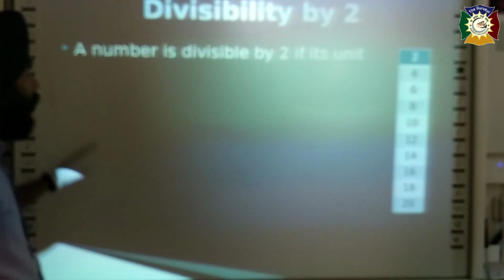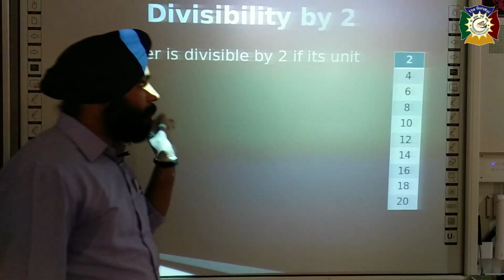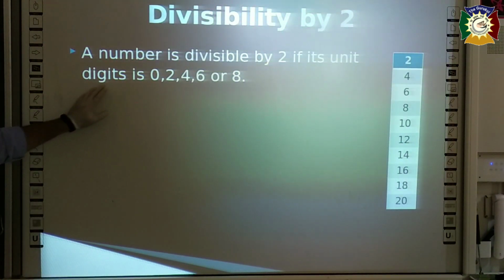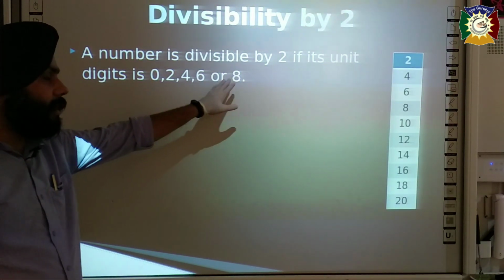So we can say a number is divisible by 2 if its unit place value is 0, 2, 4, 6 or 8.